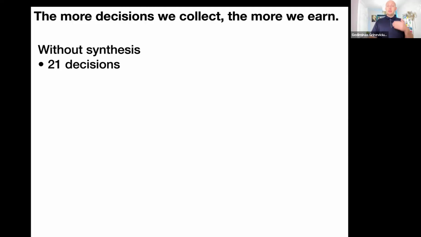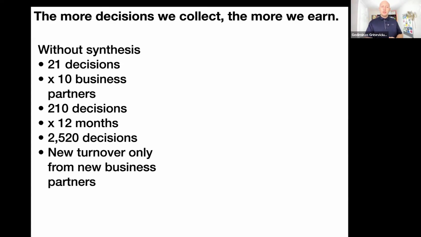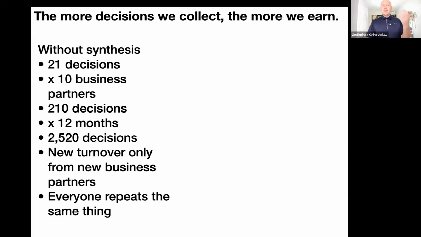So without synthesis, if you ask 3 people a day about your business opportunity, you'll get 21 decisions. If you have 10 business partners, that's 210 decisions times 12 months, that's 2,520 decisions. New turnover only comes from new business partners because you're just using the products and inviting people to join the business. And because you do that, everyone in your team repeats the same thing.